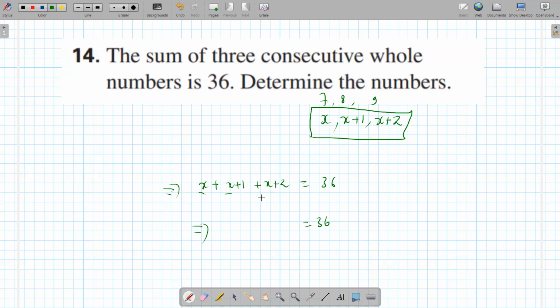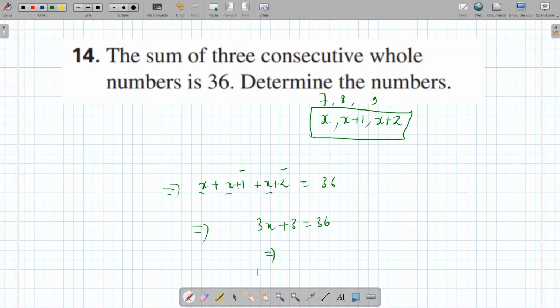So you have the x terms, those are the like terms. And then in terms of numbers, you have 1 and 2. So you have 3x plus 3? Yeah, exactly. 3x plus 3 equals 36.